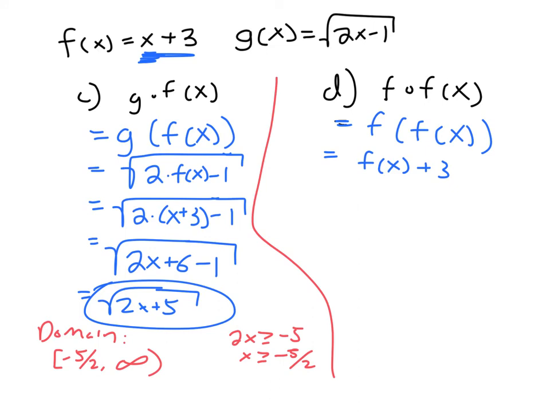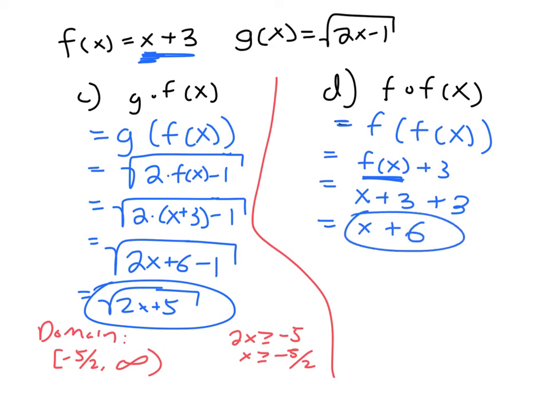This f of x here is replacing this x. Now let's plug in f of x for this. So this will be x plus 3 plus 3, x plus 6. And that's your answer. Now, what's the domain of this? Well, the domain will be all real numbers, negative infinity to infinity.